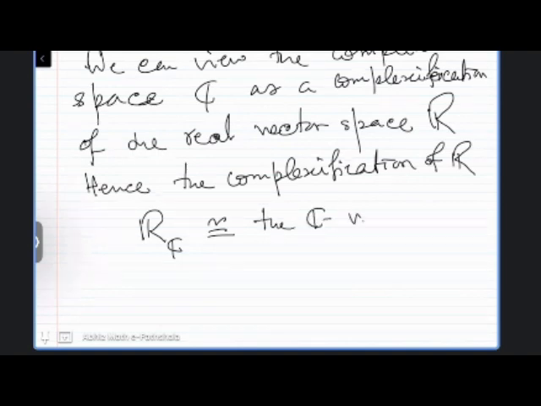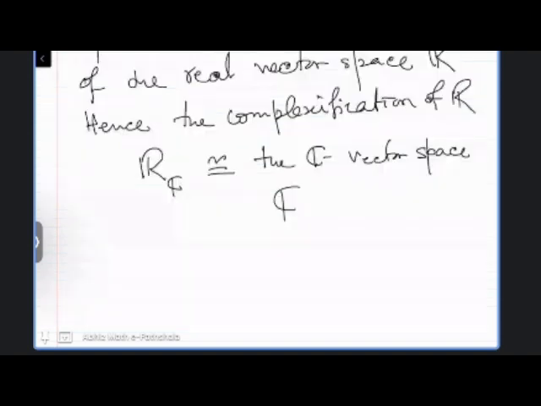The C vector space, C. Okay. So this is a very nice example, although we have done it in our preliminary study, but we have not seen it in this way.